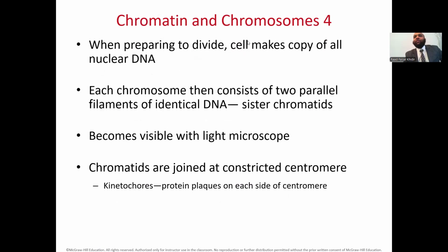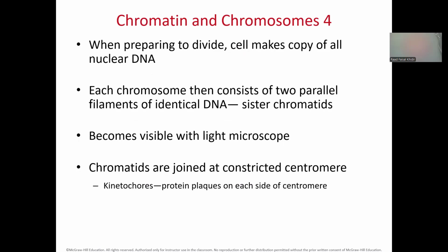When preparing to divide, the cell makes a copy of all nuclear DNA. That is known as DNA replication or DNA duplication. If a cell wants to divide, it cannot give the new cell only half of its DNA, because we would end up with a cell with 23 chromosomes.